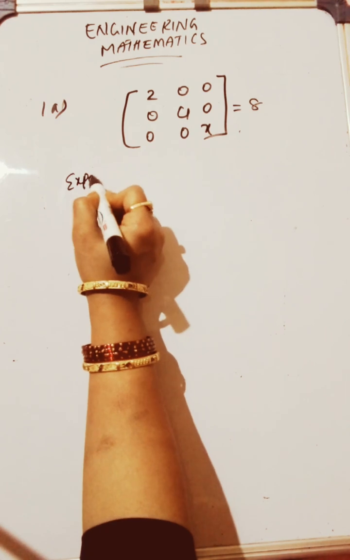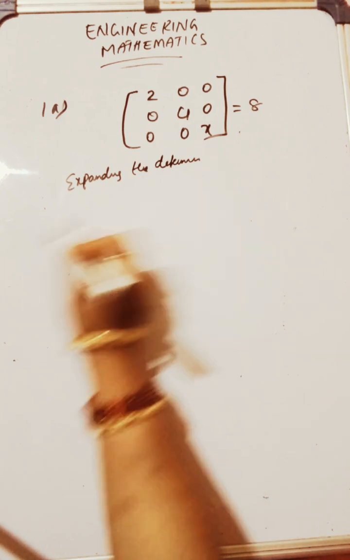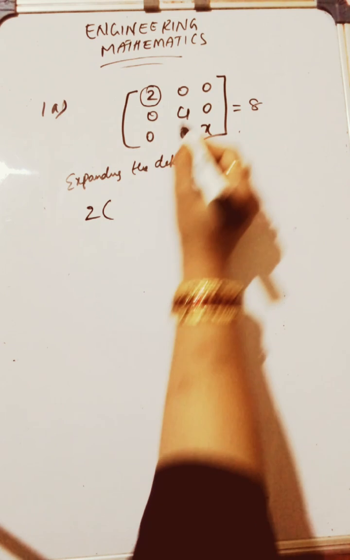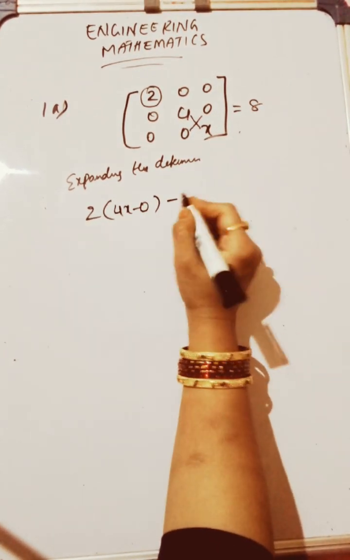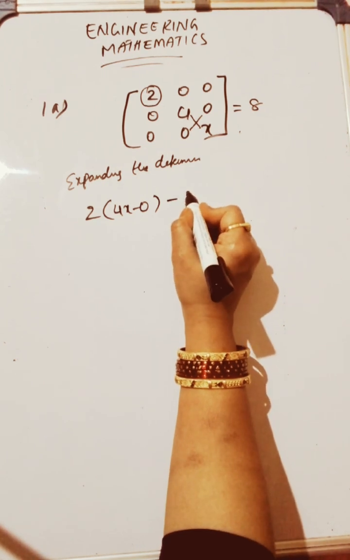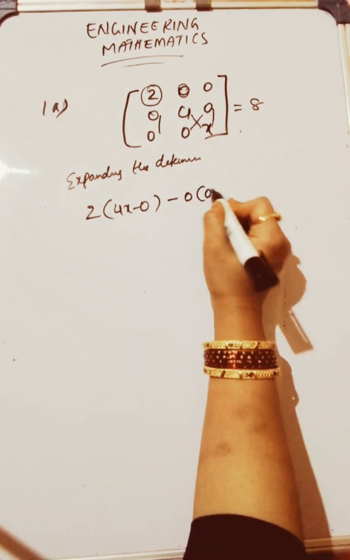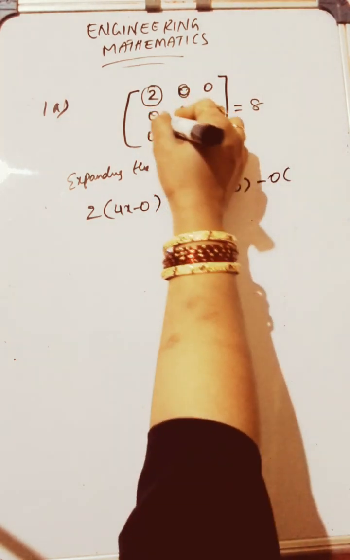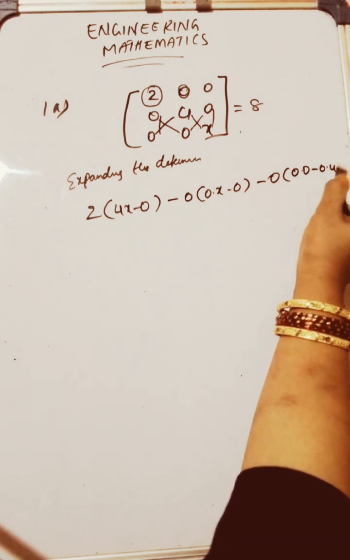First of all, expanding the determinant. Expanding the determinant is nothing but 2 into 4x minus 0, minus 0 into 0 times x minus 0 into 0, minus 0 into 0 times 0 minus 0 into 4.